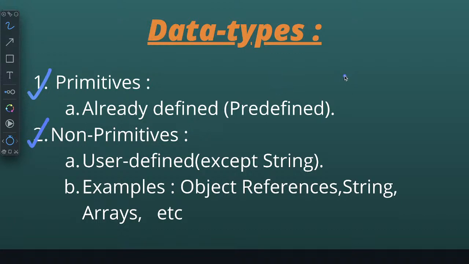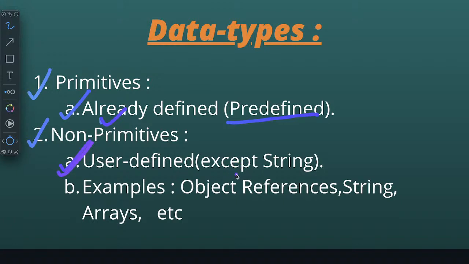Now you may ask what the difference is between primitive and non-primitive data types. Primitive data types are already defined, which means they have been created by the inventor of Java. So we don't have to create this kind of data type. Non-primitive data types are user defined, which means we, the users, define them.